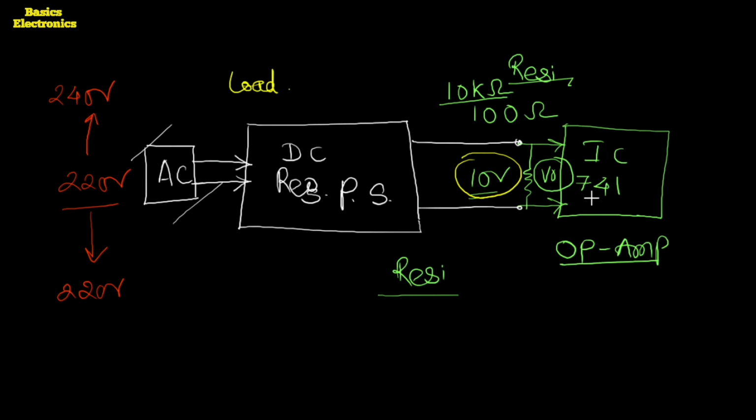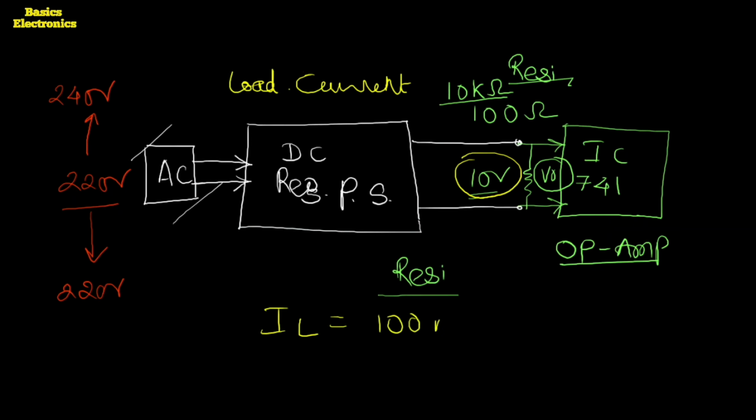The current passing through the IC or any circuit connected at the output of the power supply. Here that current is called the load current, and it is denoted by IL.